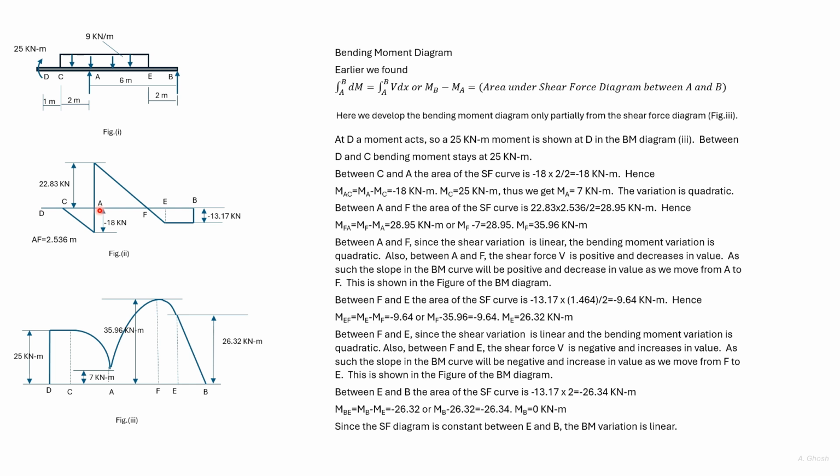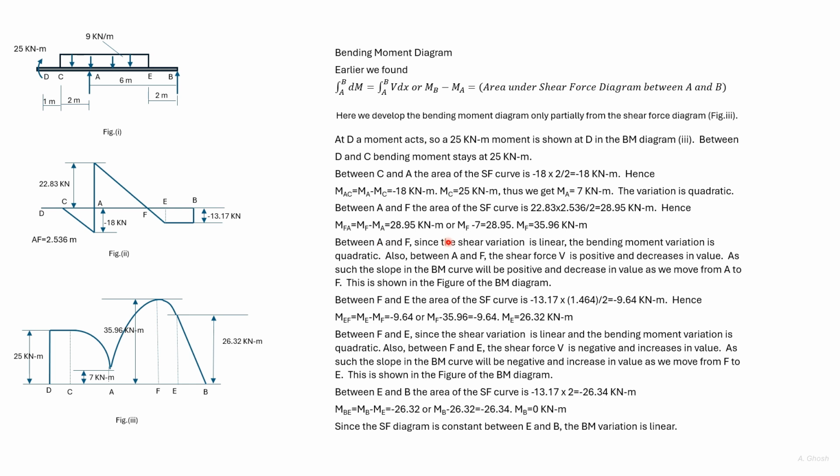Between A and F, the area is given by 22.83 into 2.536 divided by 2. So this is the area. Now MFA is equal to MF minus MA, which is equal to 28.95.